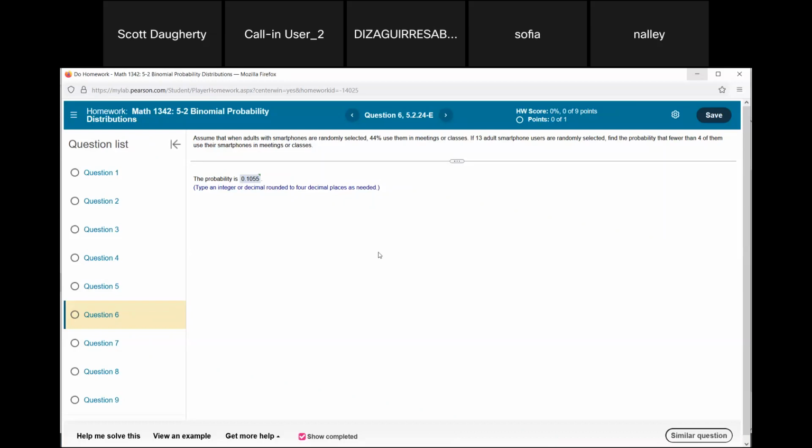And then we add up those probabilities, and that will be the answer. That's the probability of getting fewer than 4 out of the 13 that say they use their smartphones during classes or meetings.